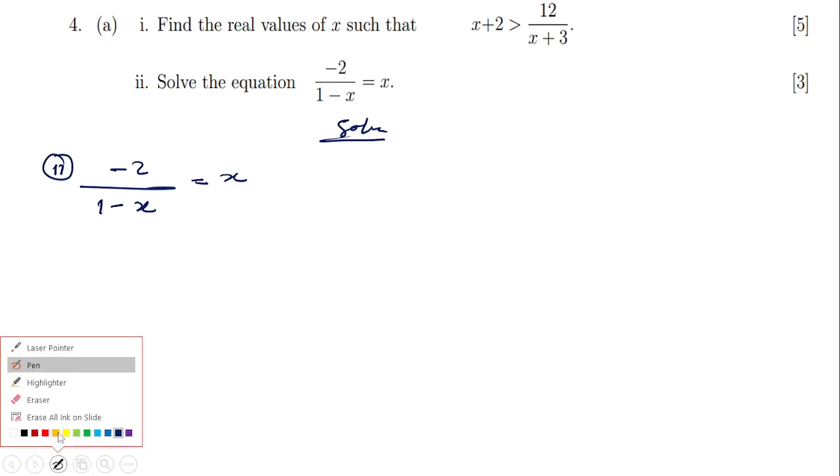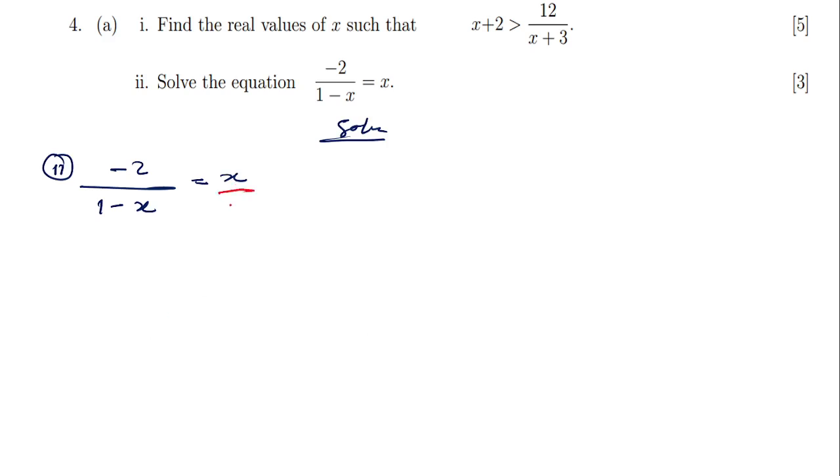So what we are going to do, we are going to say over 1, then we cross multiply. So this will be -2 is equal to x, open bracket, 1 minus x, close bracket. So -2 is equal to x minus x squared. I don't like the x squared having a negative, so these guys will go to the other side.